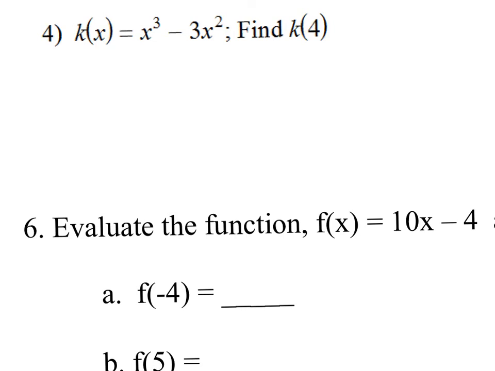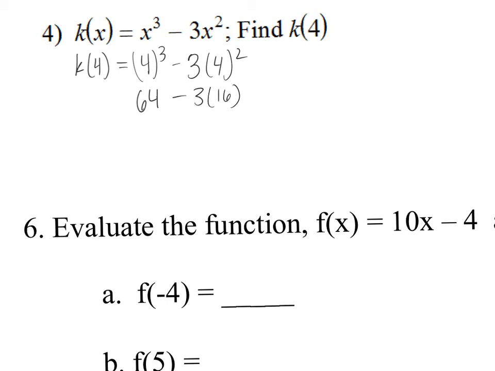On number 4, I'm going to plug in a 4 for x. So I have k of 4 is 4 cubed minus 3 times 4 squared. 4 cubed is going to be 4 times 4 times 4, so that would be 64. 4 squared is 16, so minus 3 times 16.